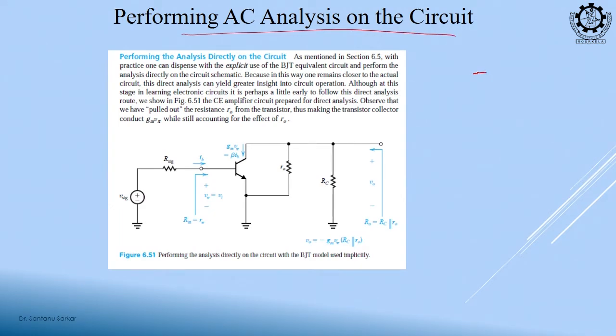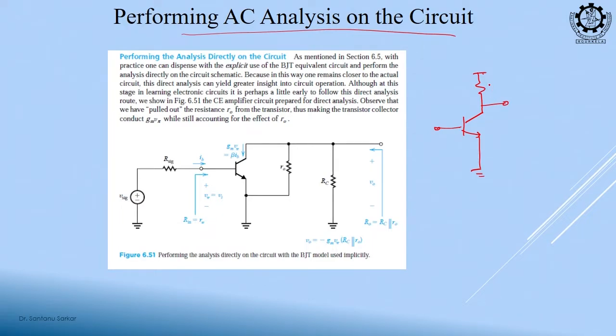So, what is the actual circuit? Actual circuit is like this, right. This is your actual circuit. Now, when performing the AC analysis, we will consider that this is grounded.